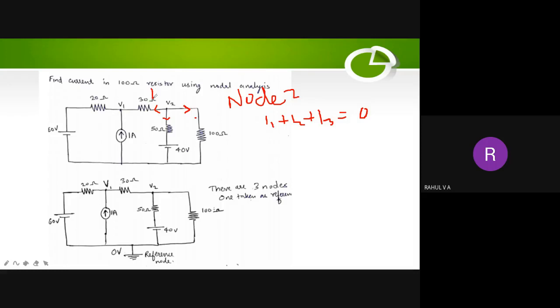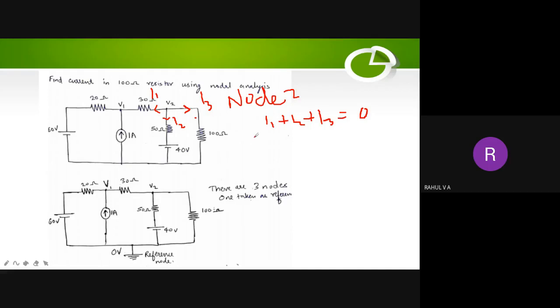So assuming that this is I1, this is I2, this is I3. So all currents are leaving away from the node. Since there is no current source, we don't need to worry about current entering or leaving the node. All currents are leaving away from the node. So I1 plus I2 plus I3 is equal to 0.